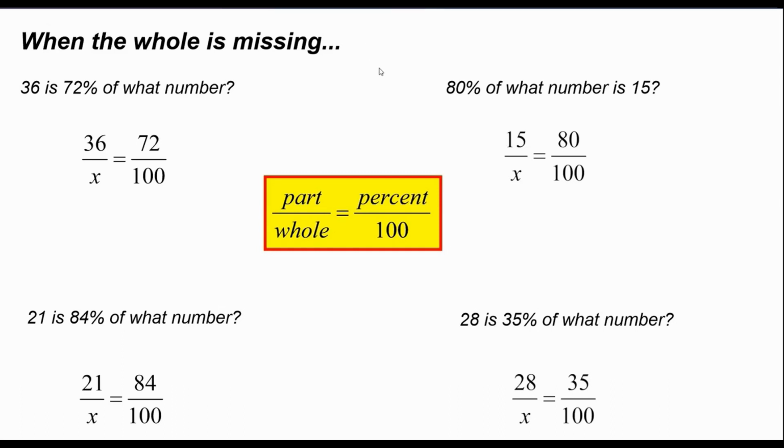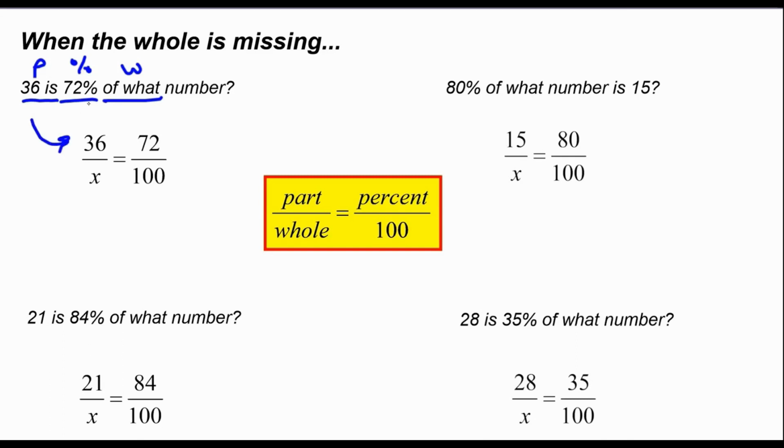So let's take a look at some examples. When the whole is missing, what do those problems look like? 36 is 72% of what number? So again, now we can see 36 is, this is the part, of what? We don't know the whole. And then the percent is easy to identify, 72%. So then I plug in my pieces here.